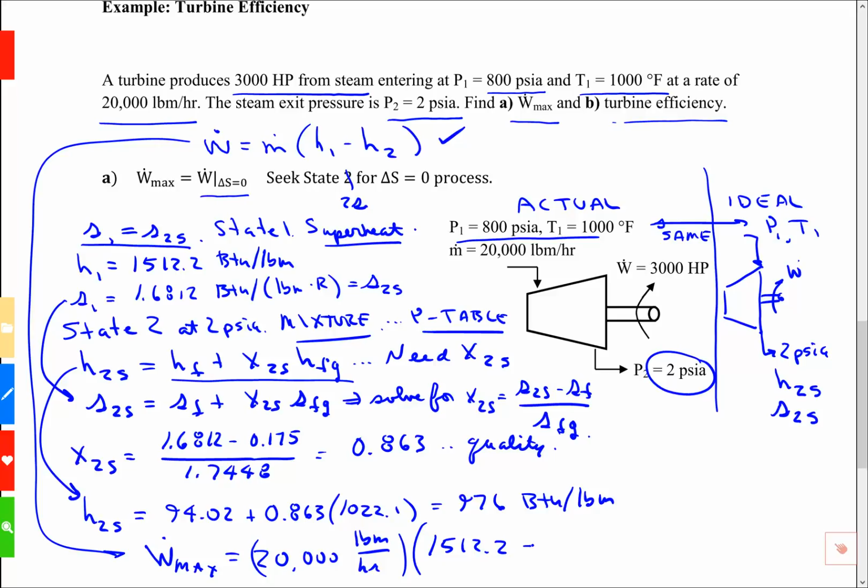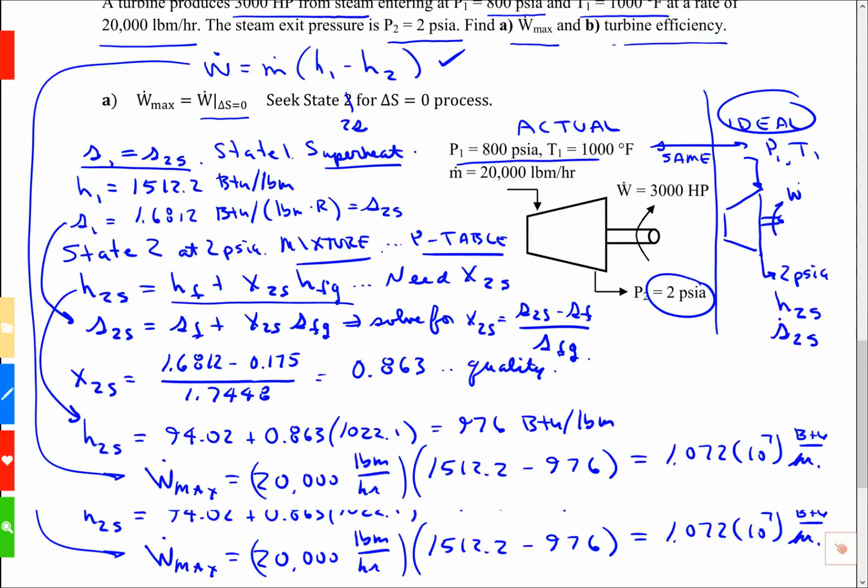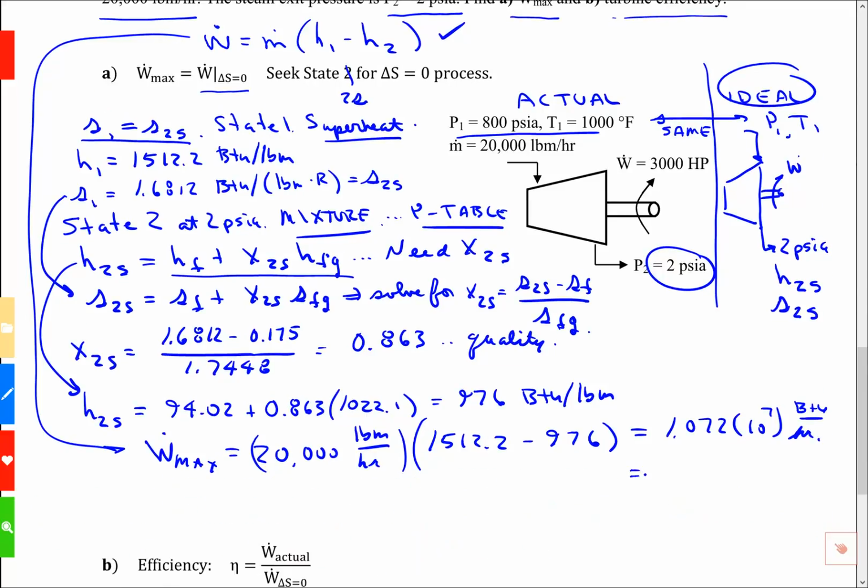H2S for the ideal device was 976, and when I calculated that, I get 1.072 times 10 to the 7th BTUs per hour. I'm going to convert that though to 4,211 horsepower. So that's my answer to part A. That's the ideal, the maximum possible power for an isentropic or perfect device.